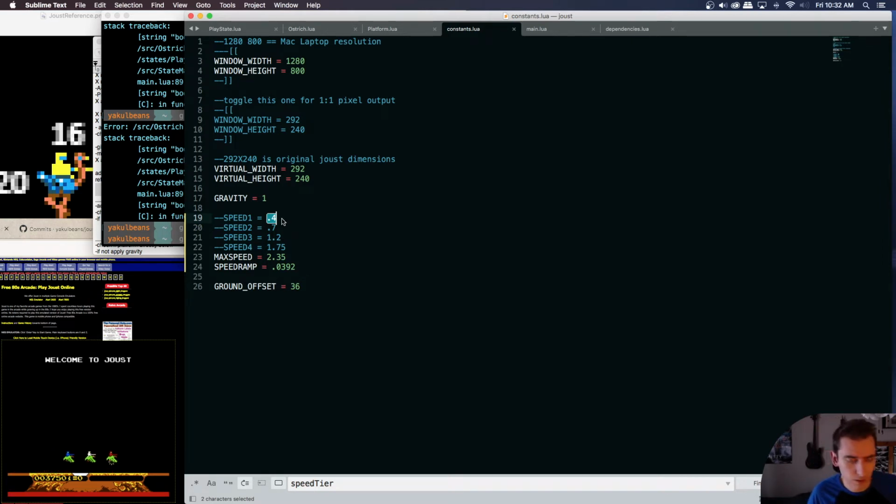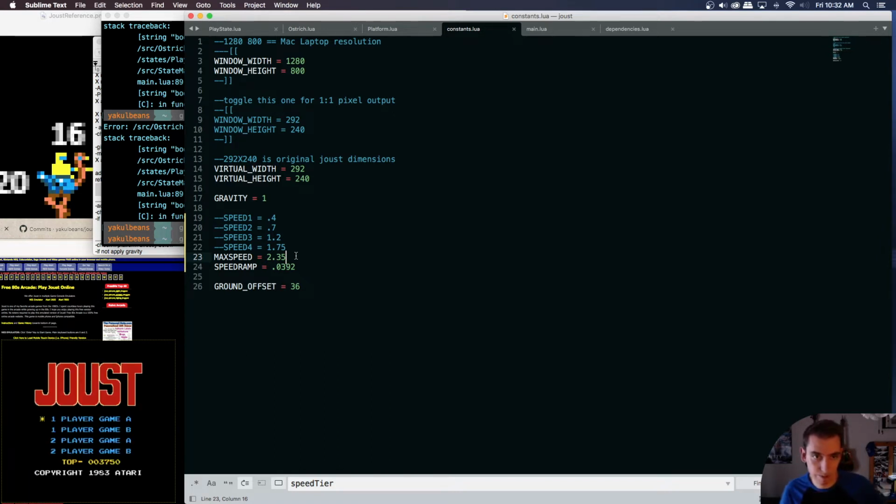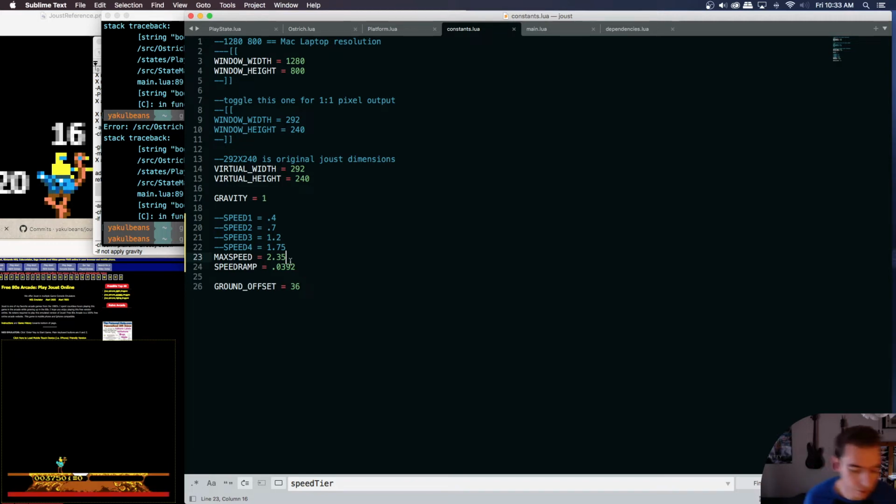Maybe the max speed needs to be a little higher. If we just link our FPS to our dx, then our top speed will only be 2.35 when it used to be 2.65. I don't know of a way, because we don't want to just add 0.3 to it, because that would screw up our slow speed.